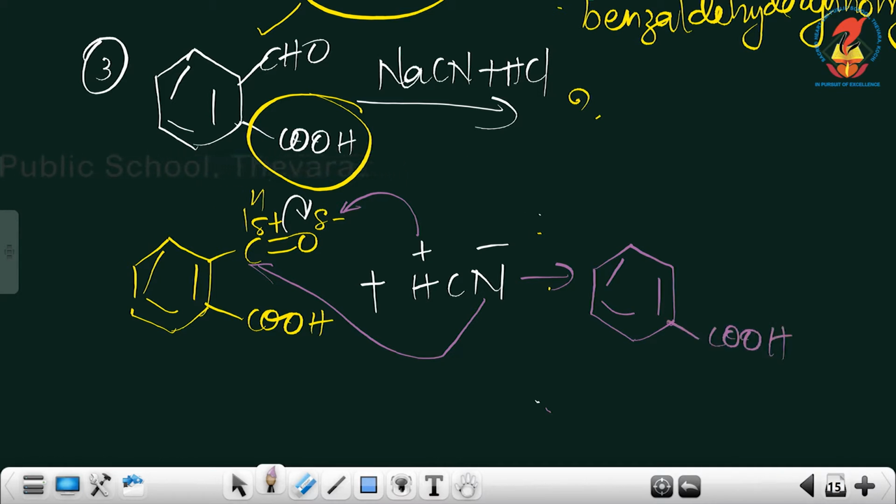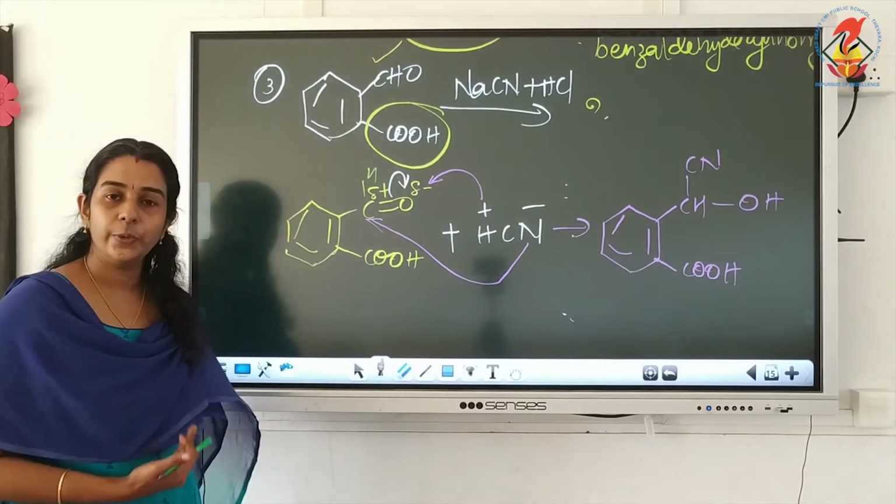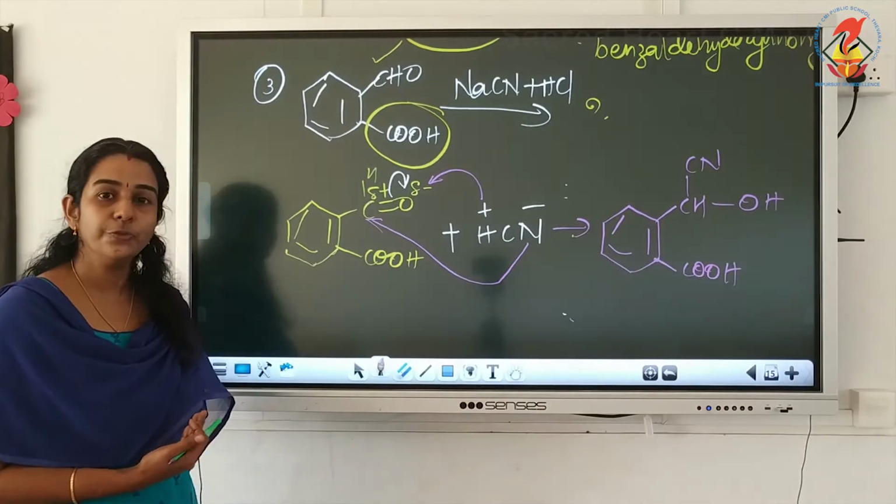Acid group also there is no change. Here it will become CH, double bond O will become single bond OH, and to this CH carbon CN will be attached. So these are a few examples of the addition of HCN.